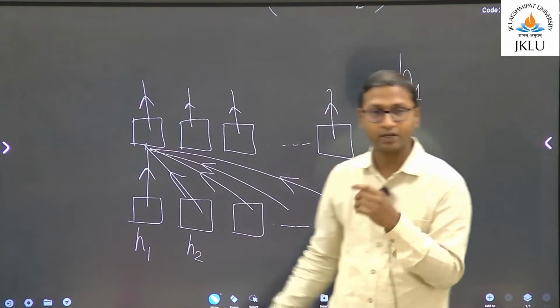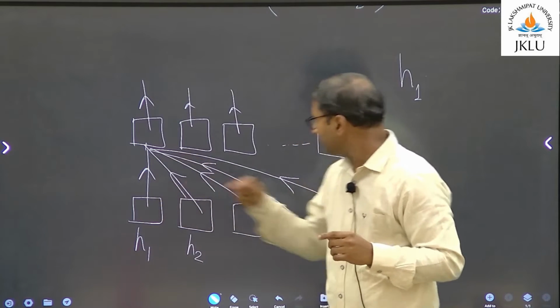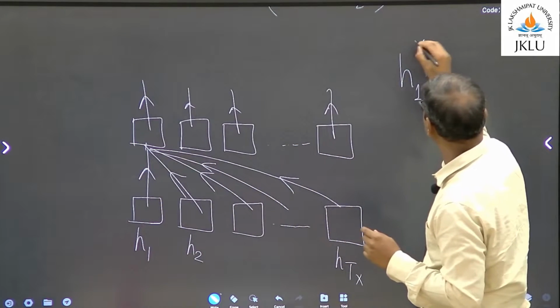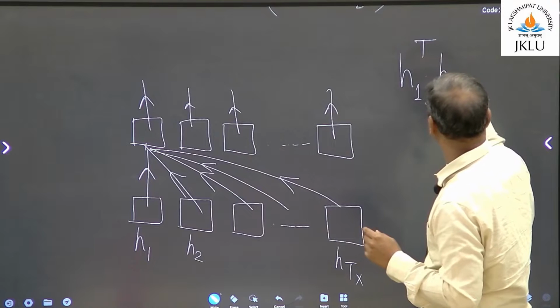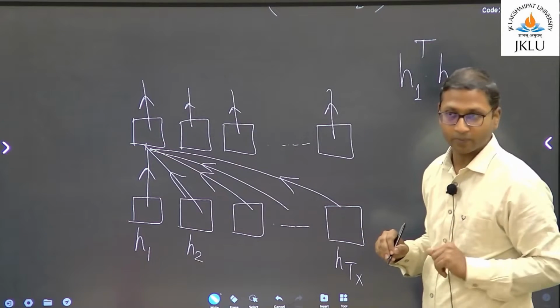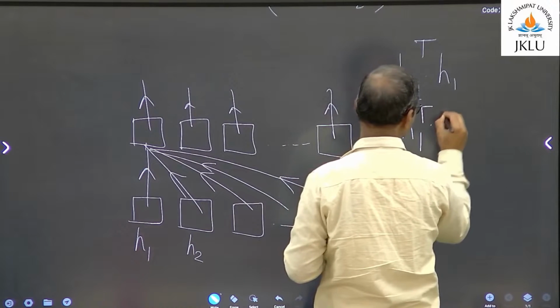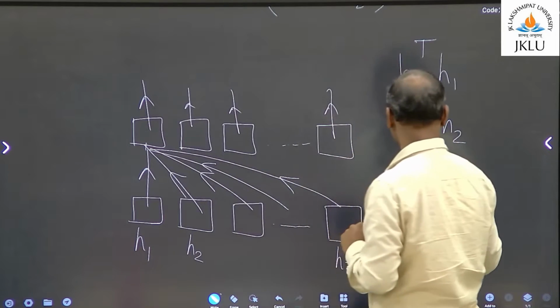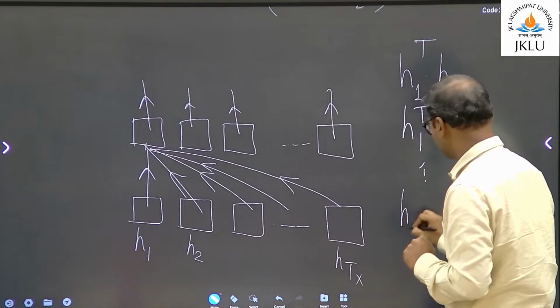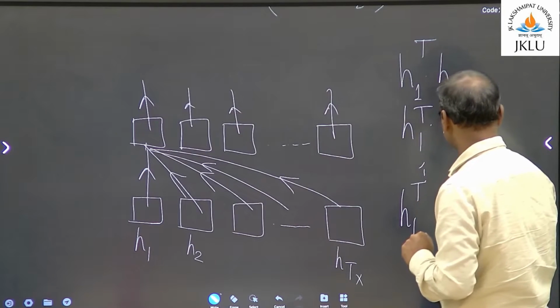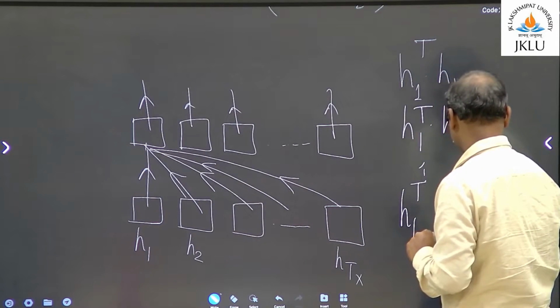That is what we are saying now. H1 transpose H1 will give you one number. What else? H1 transpose H2 gives you another number, and so on. So basically H1 transpose HTx.